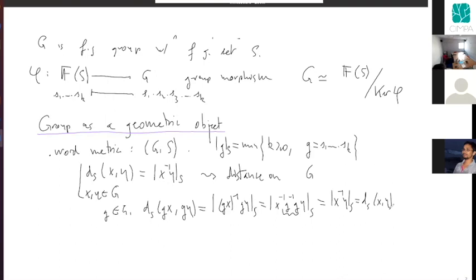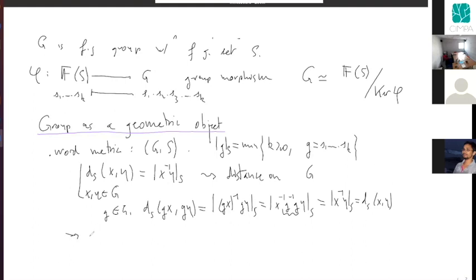Okay. So what I did, with this word distance, is I see the group as a metric space, and it acts on itself by multiplication on the left by isometries.